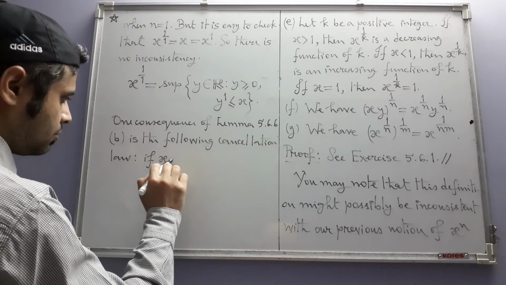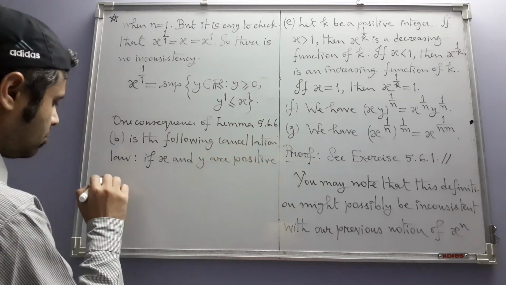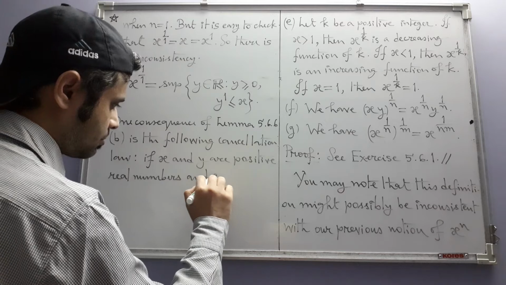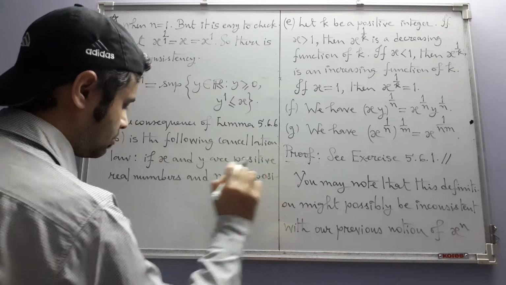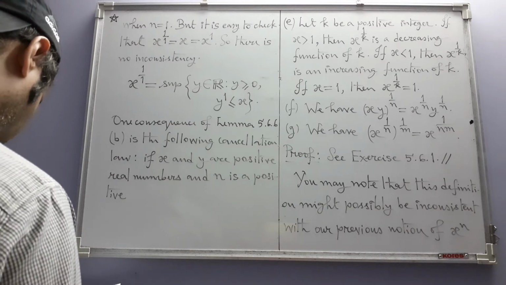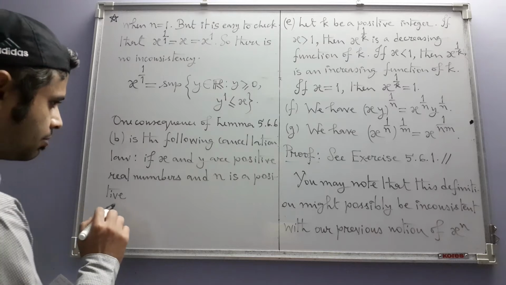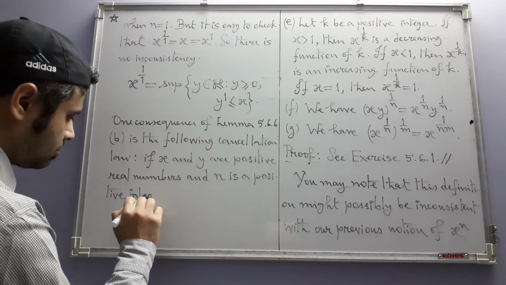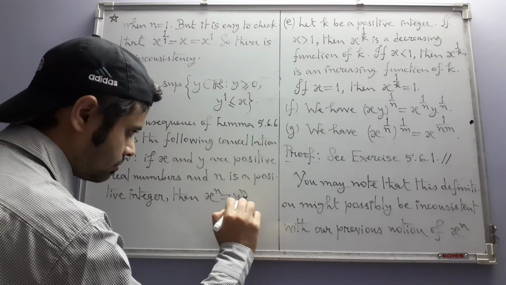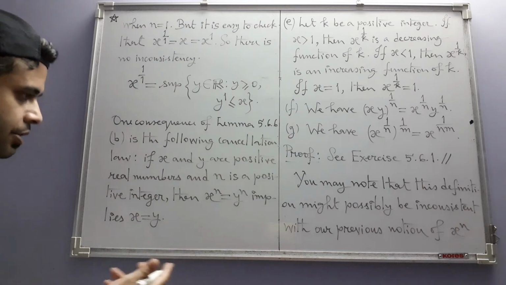If x and y are positive real numbers and n is a positive integer, then this equation implies x equal to y. So it's cancellation of the exponent n.